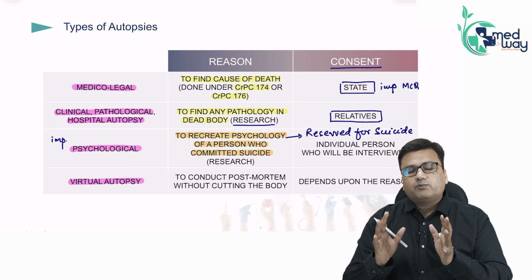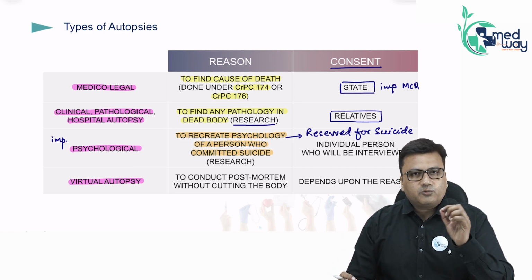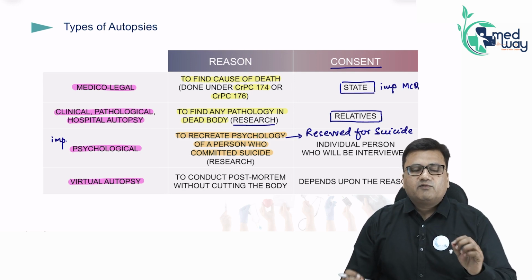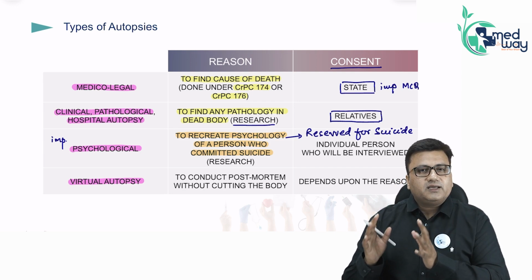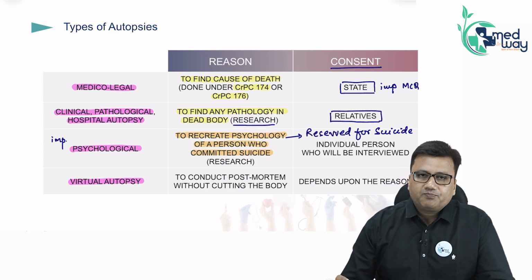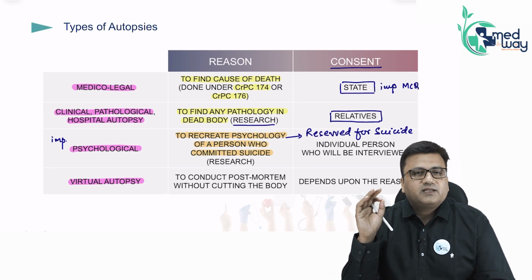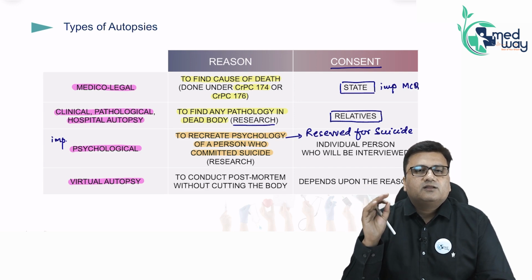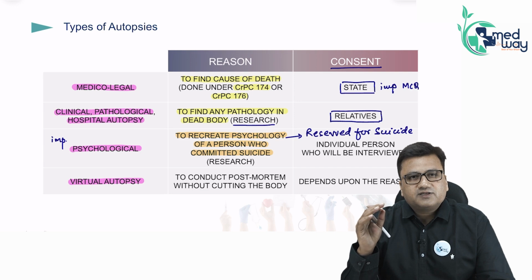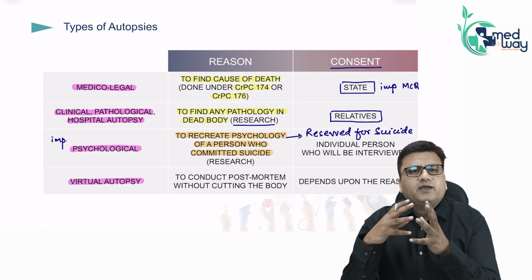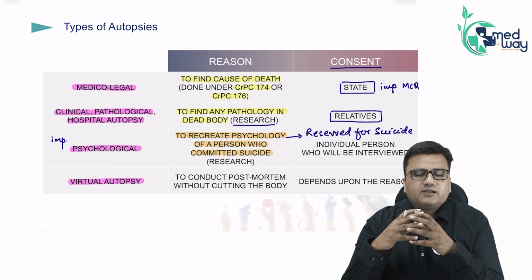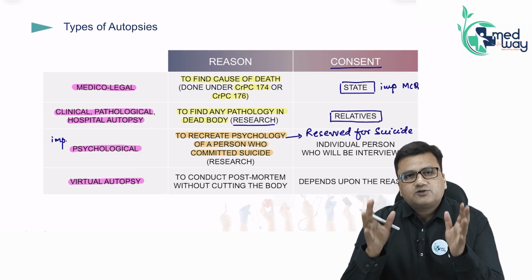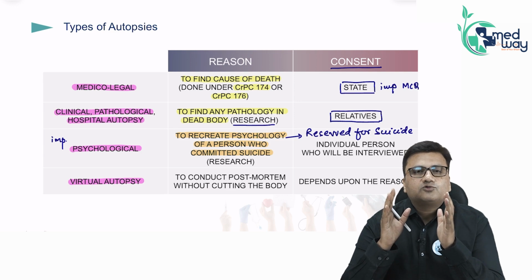Now, inside of that CRPC 174 inquest, the police may subject this dead body to a medico-legal autopsy. The autopsy surgeon prepares a report stating that the cause of death is hanging asphyxia, and no foul play is seen in this case, and probably it's a case of suicide. So, now it is documented by medico-legal autopsy that it looks to be a suicide.